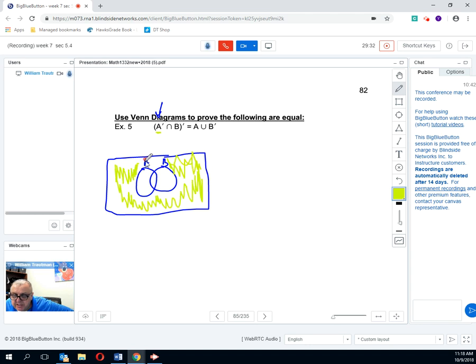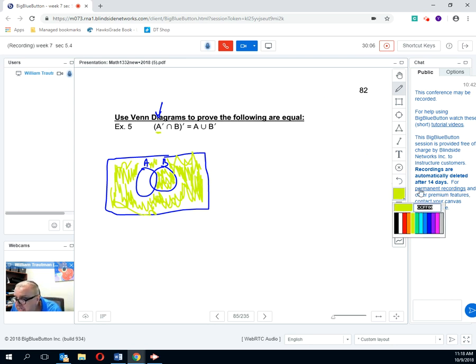I'm not exactly sure how they want us to prove this, but I think this might work. Other things that are not in A right here, this is not A. So not A is everything colored in there. The only thing that's not colored in is that circle with the A in it. There's a little bit part of the B, but that's still not A, right? So everything that's not A is the yellow, or whatever color, this kind of greenish yellow.